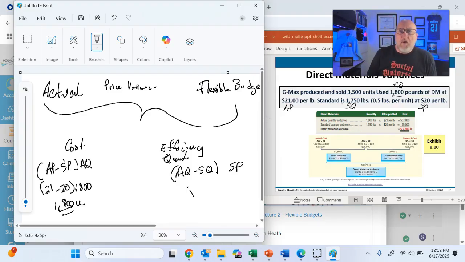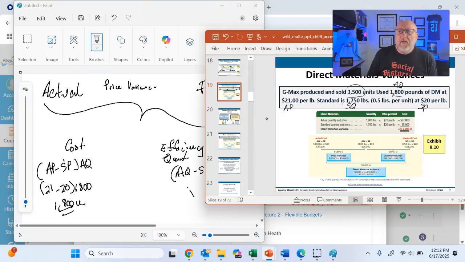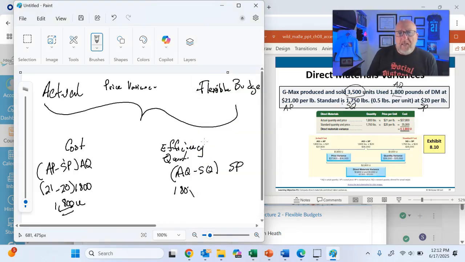It's the actual quantity. We used 1,800. Remember, this is not the number of units that I created. When I'm talking about the material variance, I want to know how much material we used to produce that many units. So actual quantity is 1,800.